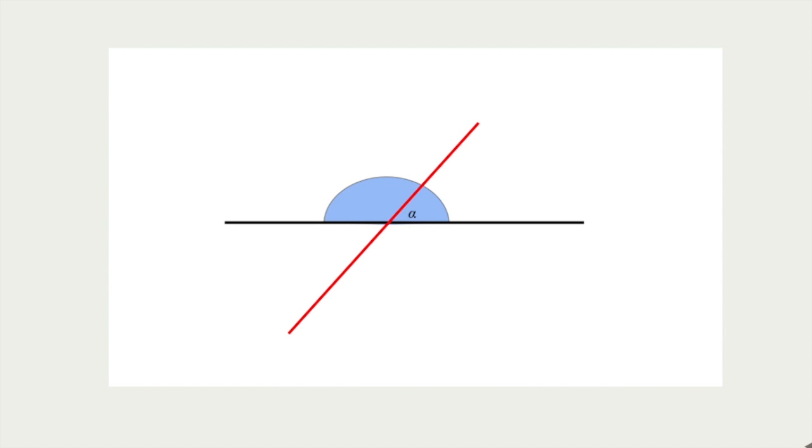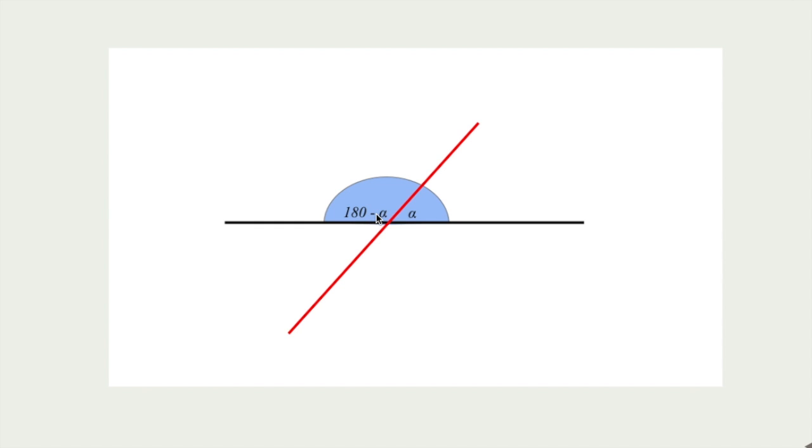Now from that result, when we look at this diagram, we have two straight lines, a red one and a black one. If you take the black line as a reference and apply the result we just discussed, then if this angle is alpha, the other one must be 180 degrees minus alpha.